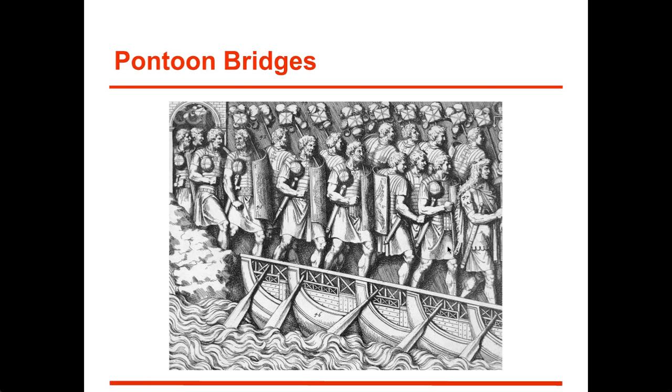And the great engineering feat with pontoon bridges is that engineers realized that they could ram the beams in at an angle against the current. And so the current would actually end up forcing the beams further into the ground, which would create these really extra strong foundations. And then these beams would be lashed together and a wooden bridge would be built on top.